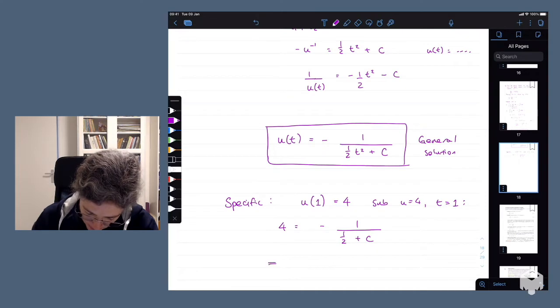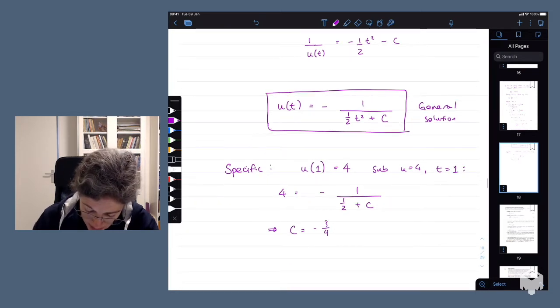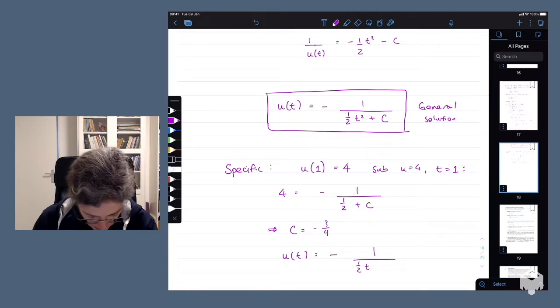You can torture yourself with the algebra and you'll find that c is equal to minus 3/4. So our specific solution is that u of t is equal to minus 1 over a half t squared minus 3/4.